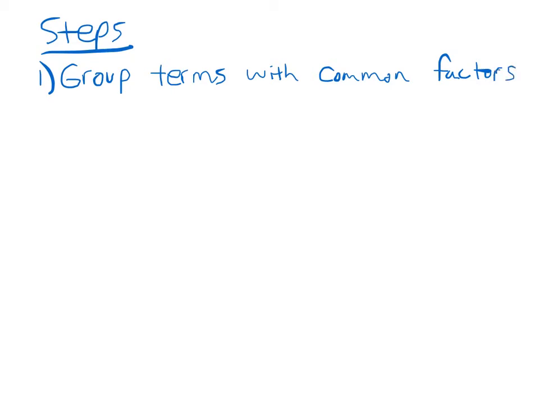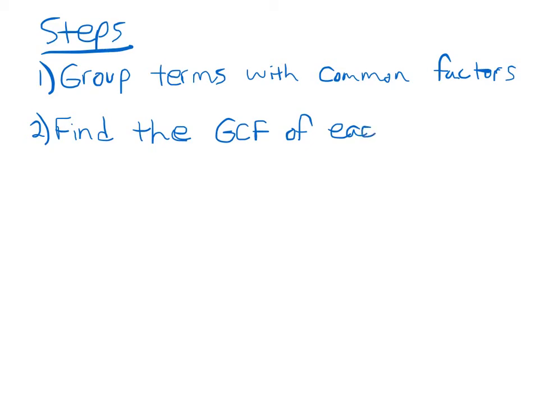Okay, we're going to group terms with common factors. Okay, step 2 is going to be to find the GCF of each binomial. And that's a step that you'll see that we've already actually done. You should know how to do that.